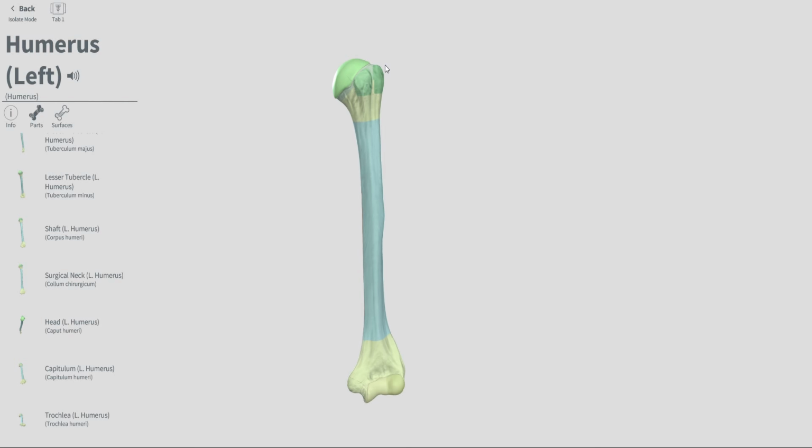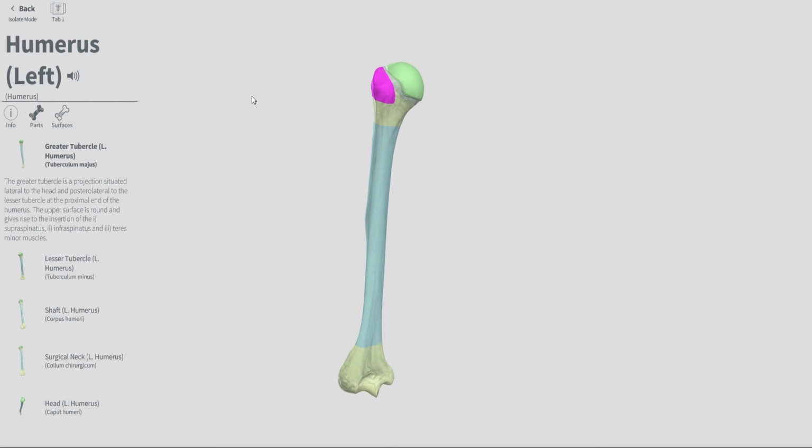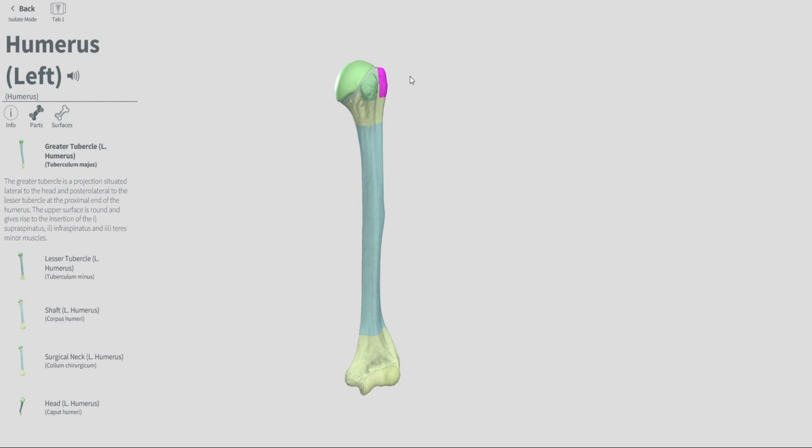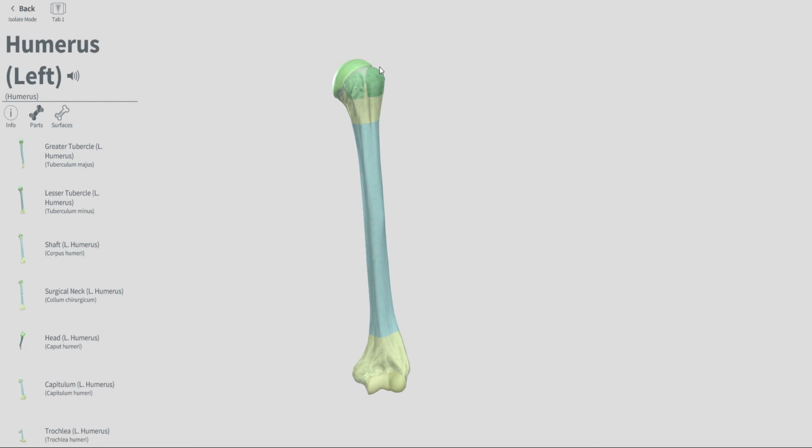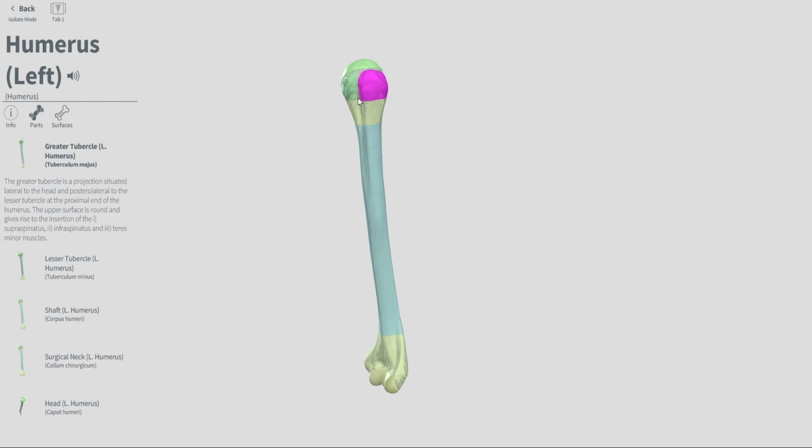If we look at these green marked areas over here, more anteriorly we have the lesser tubercle, and more posteriorly we have the greater tubercle. It's important to mention the lesser tubercle provides a point of insertion for the subscapularis muscle, and the greater tubercle provides attachment for the infraspinatus, supraspinatus, and also the teres minor muscle.